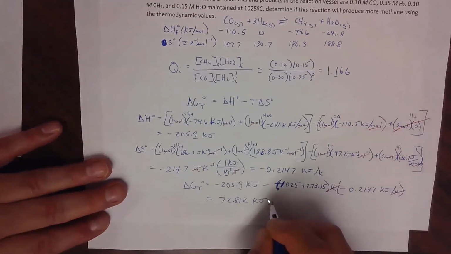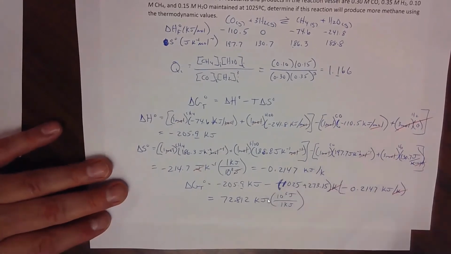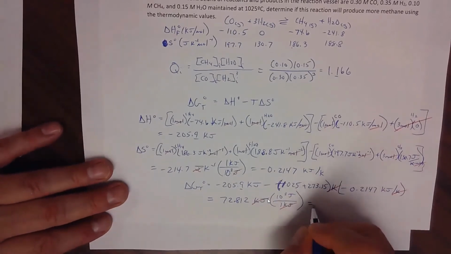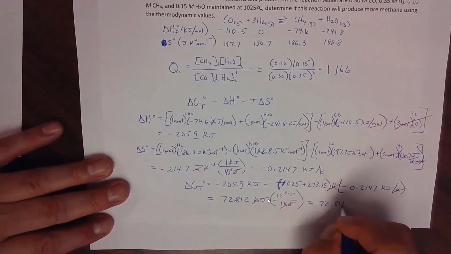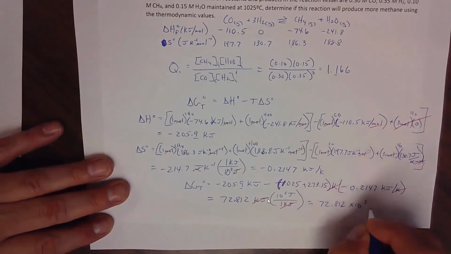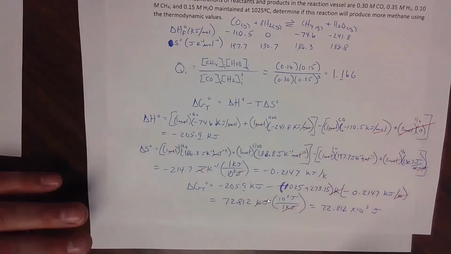But again, I need to multiply that by 1,000 because I need it in units of joules for the next step. So the kilojoules are gone. So that means this is going to be 72.812 times 10 to the third. I know it's not proper scientific notation, but this is just an intermediate value.